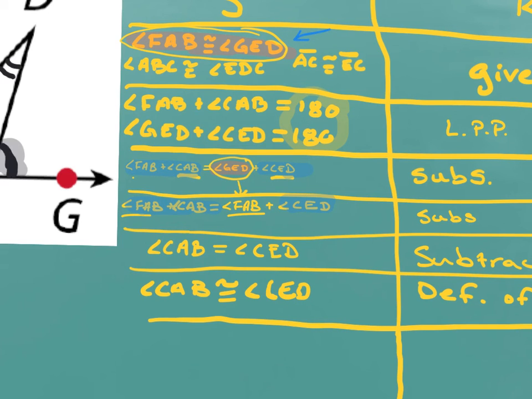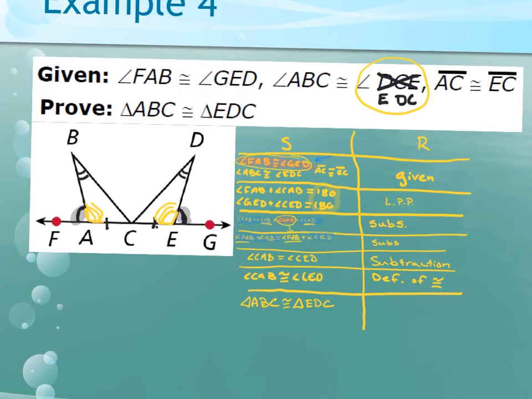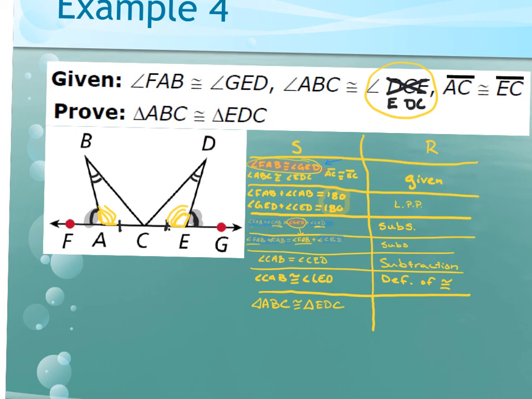Okay. So now you're going to do triangle, sorry, angle ABC is congruent to triangle ABC. Good catch. Because of angle side angle.